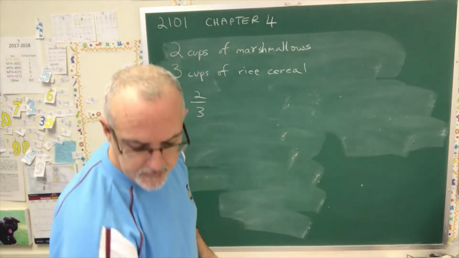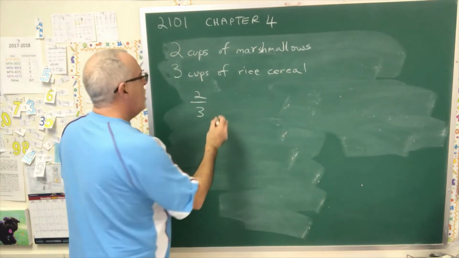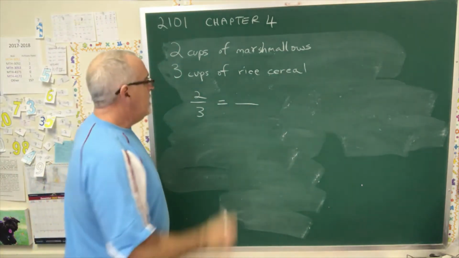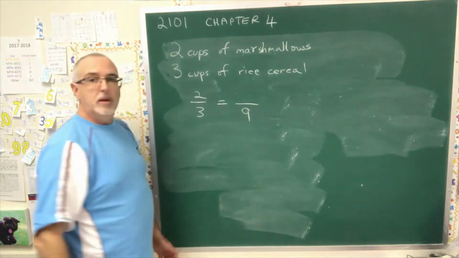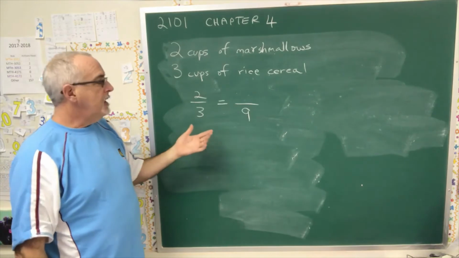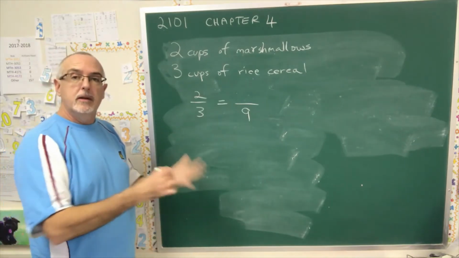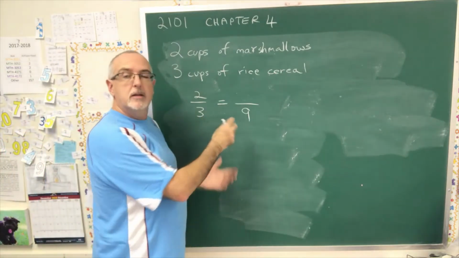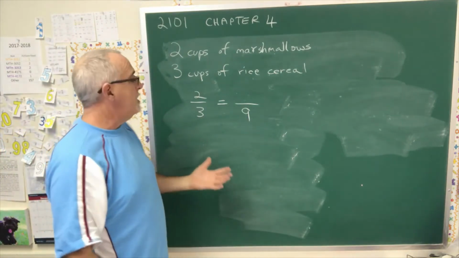We already know that. But wait, what if we had 9 cups of rice cereal available, and we want to know how many cups of marshmallows we need in order to be using the recipe? In order to use the recipe, you have to do things that are proportional. Recipes are always proportional.